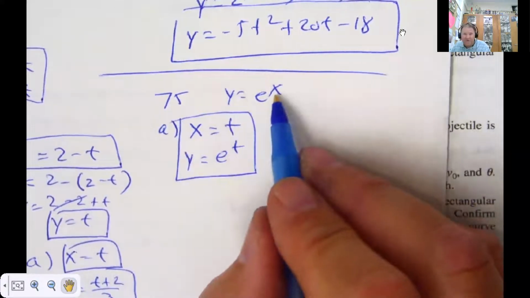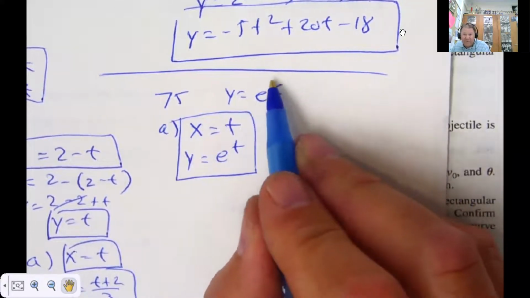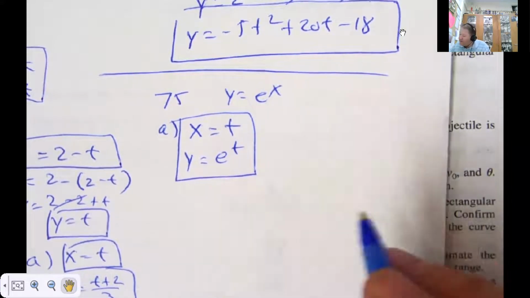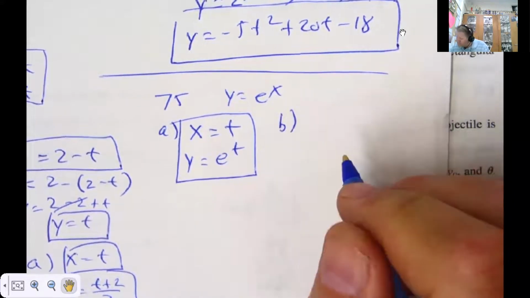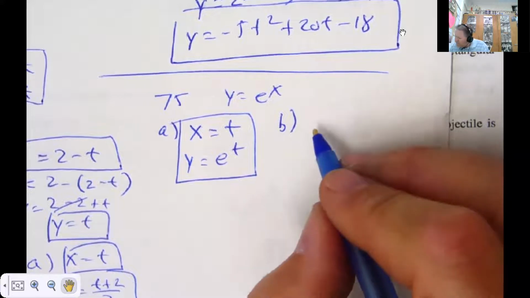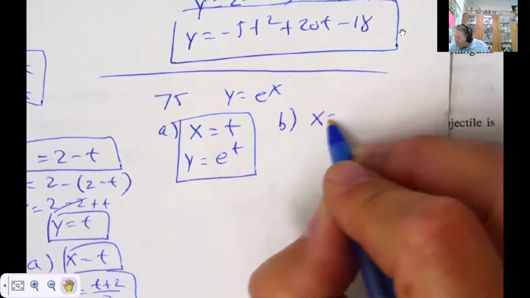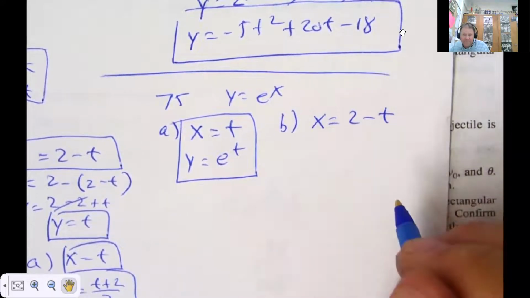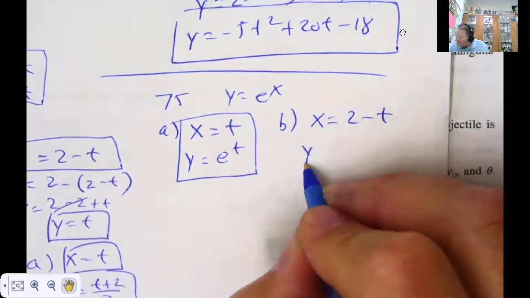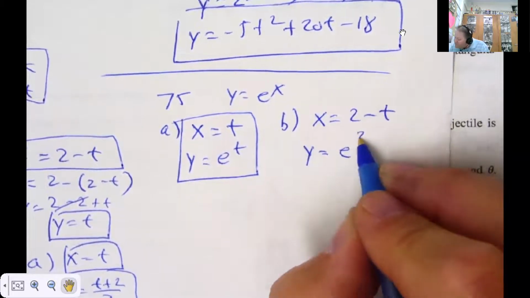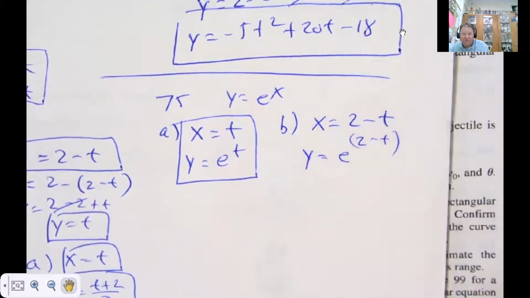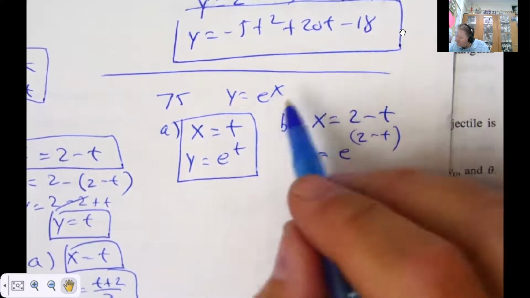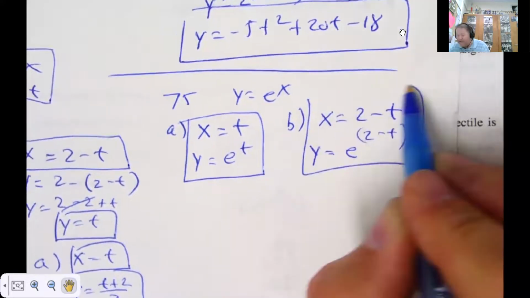Just let x equal t, and then wherever you have an x, put a t. Bam. And for part B, it is x equals 2 minus t, which means that y equals e to the (2 minus t) as your exponent. And I don't think you can do anything with that. That's as far as you're going to be able to take it.